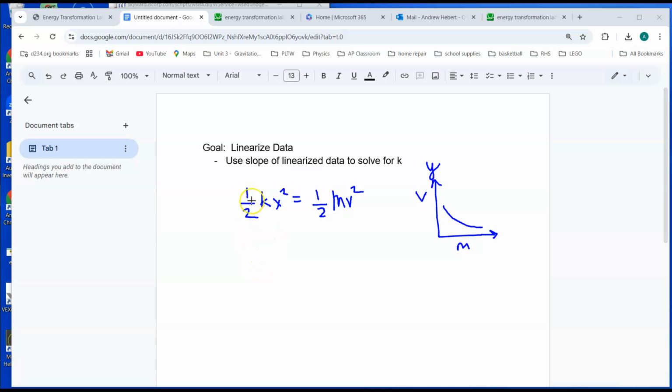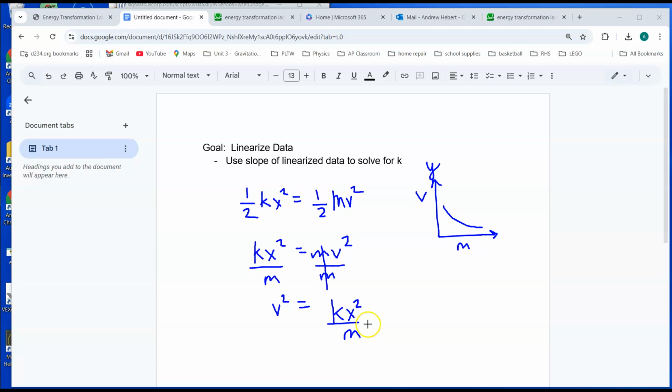So let's multiply each side of this equation by 2 and get kx squared equals mv squared. And then let's divide each side of the equation by m. And then we're left with, I'm going to flip it around, v squared equals kx squared divided by m.